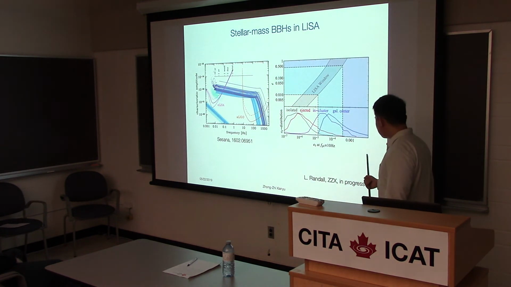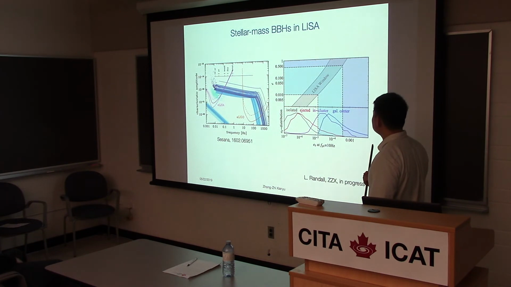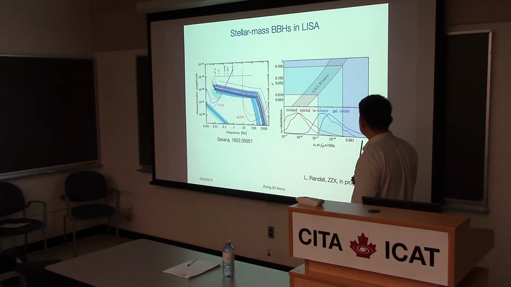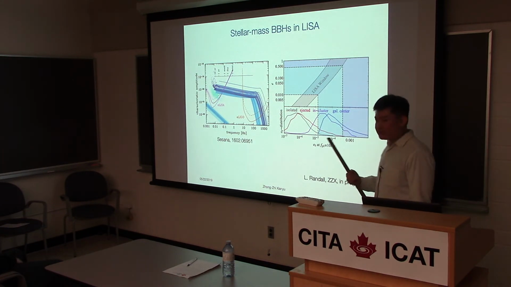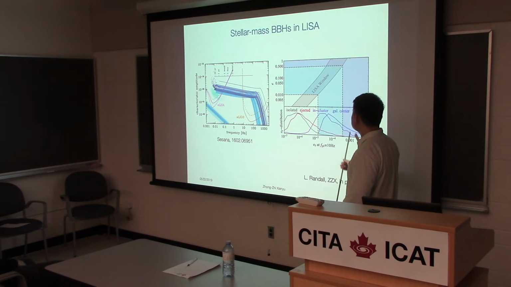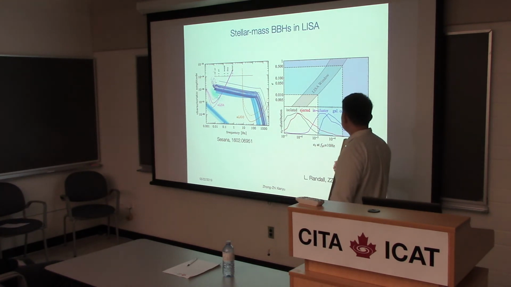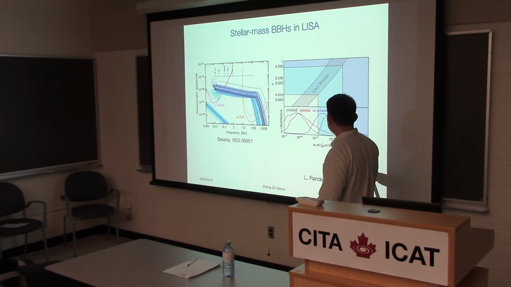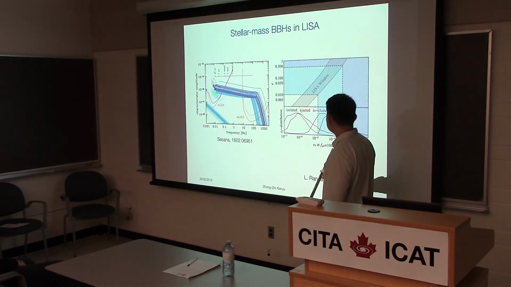This is some preliminary study of how LISA can see eccentricity. And the galactic center distribution I just showed you is here, a single curve. Together with this, I also show you some other channels predicting different e, peaked at different positions, very small e0 at 10 Hertz.